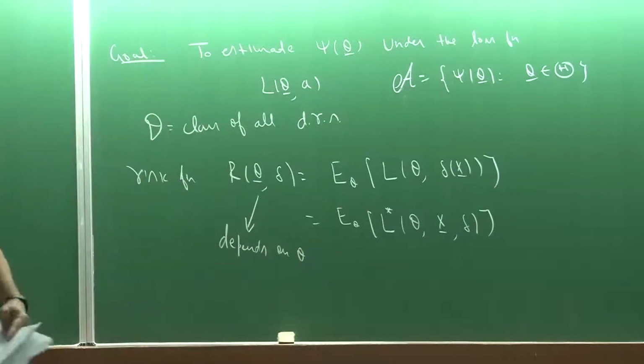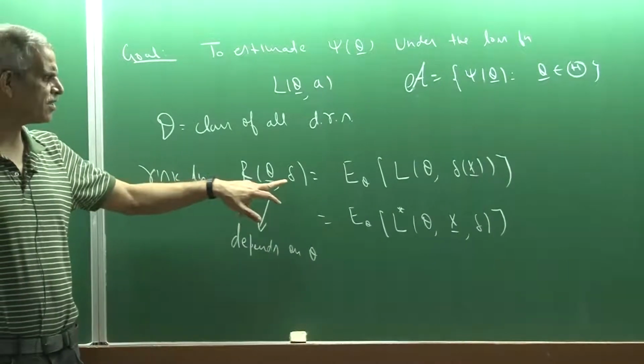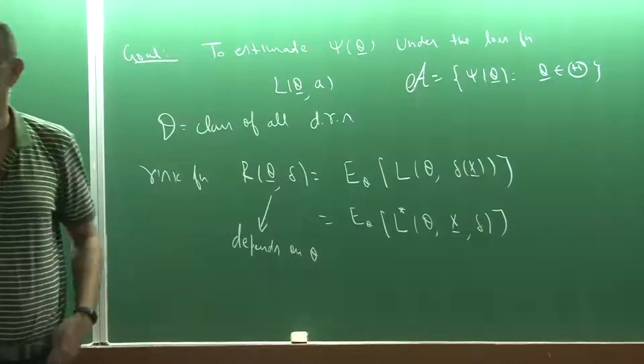So the question arises: can I find a decision rule or an estimator for which this risk is minimum for every theta?